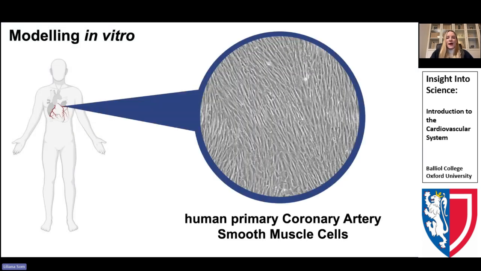So I wanted to introduce a bit of how we can model cardiovascular diseases in a dish in vitro. So the way my work works is I access human primary tissues. That means it's tissues that come straight from a donor.